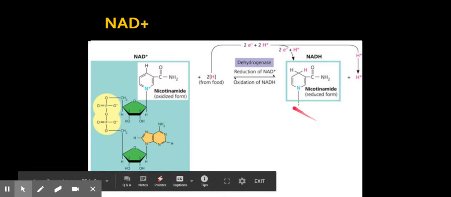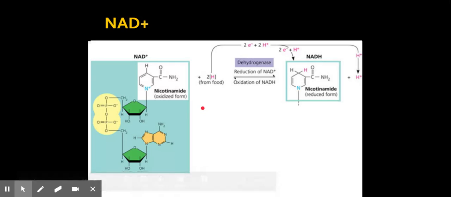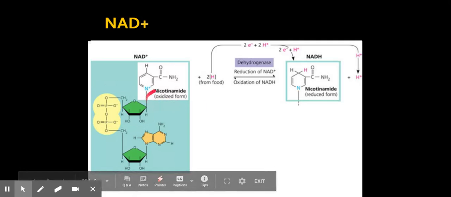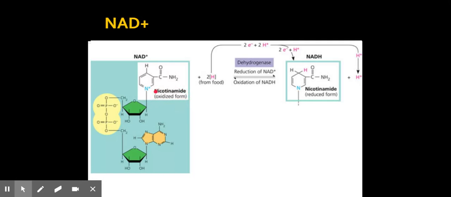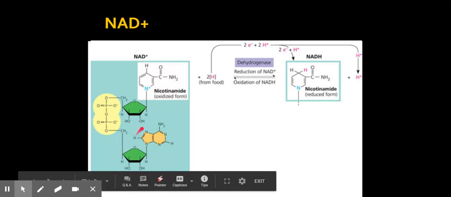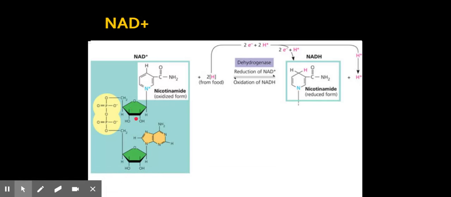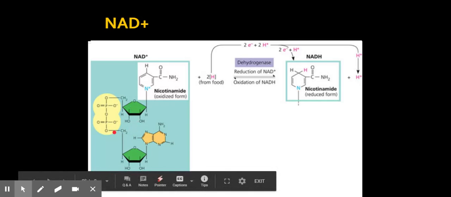So here's our NAD plus molecule. So you can see that again, NAD plus is going to be an electron shuttle. Basically, its name is nicotinamide adenine dinucleotide. And here's our dinucleotide. Again, we can see that in its structure. Here are our phosphate groups that hold that dinucleotide piece together over here in yellow.